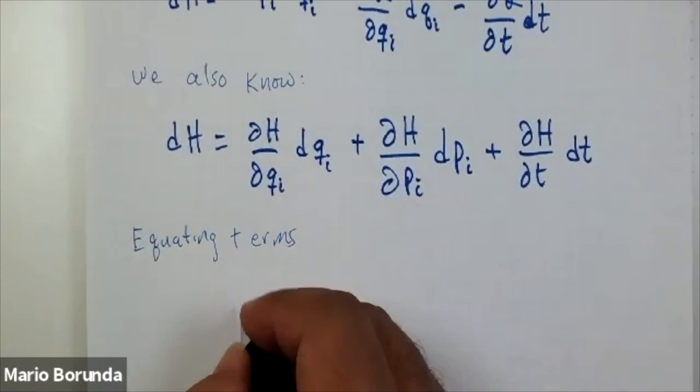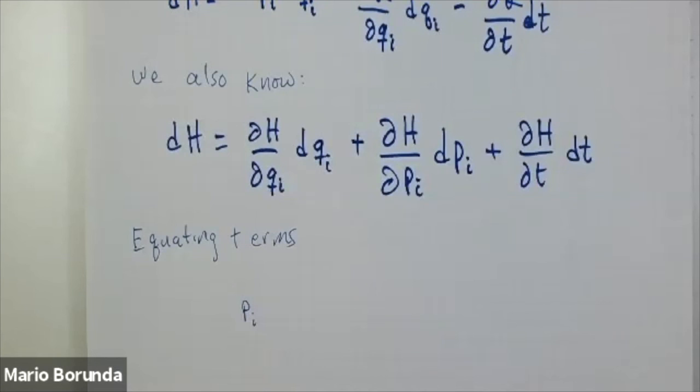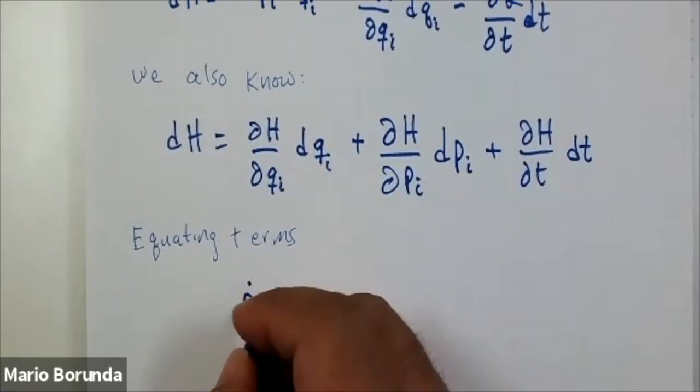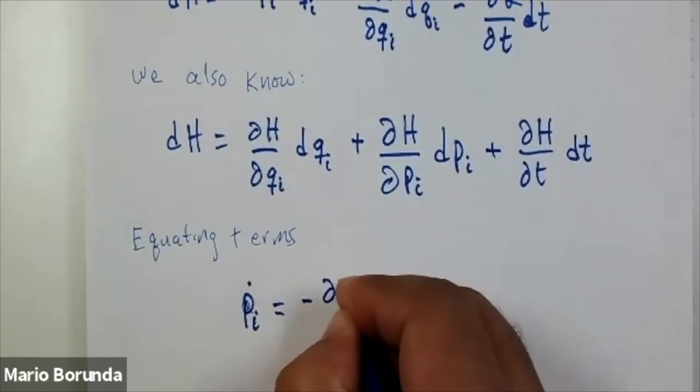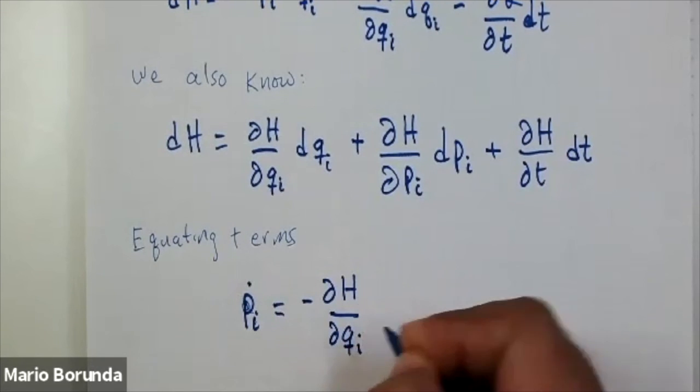So I'm going to have that pi dot is equal to dH/dqi.